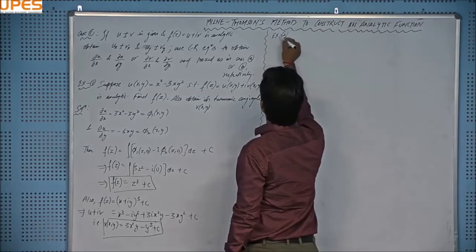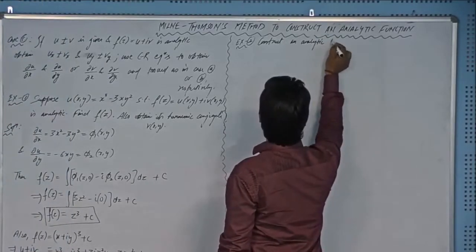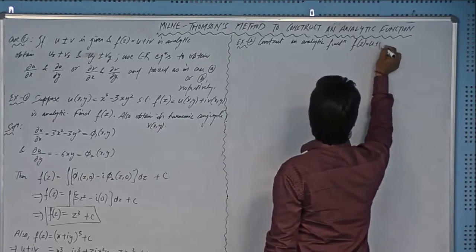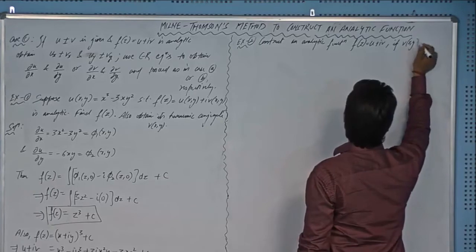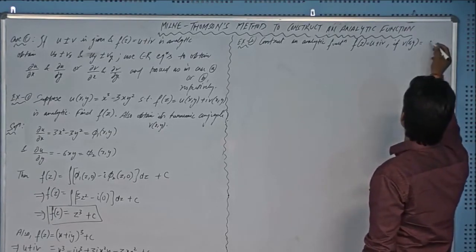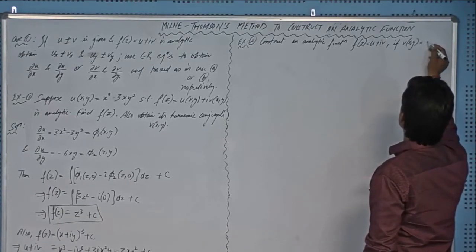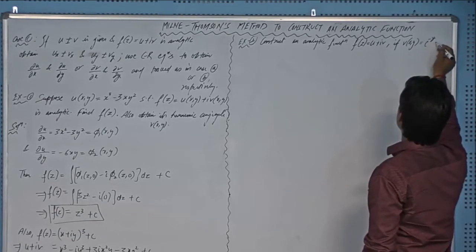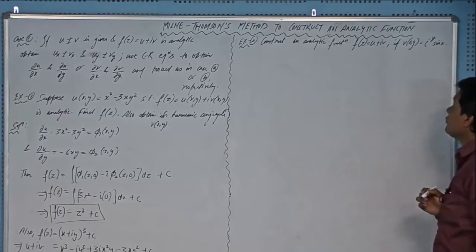Example number 2, construct an analytic function f z equal to u plus iota v if v is given this time and v is equal to, let me take it, e to the power minus y and sin x, right? Okay, so this is given, v is given, right?